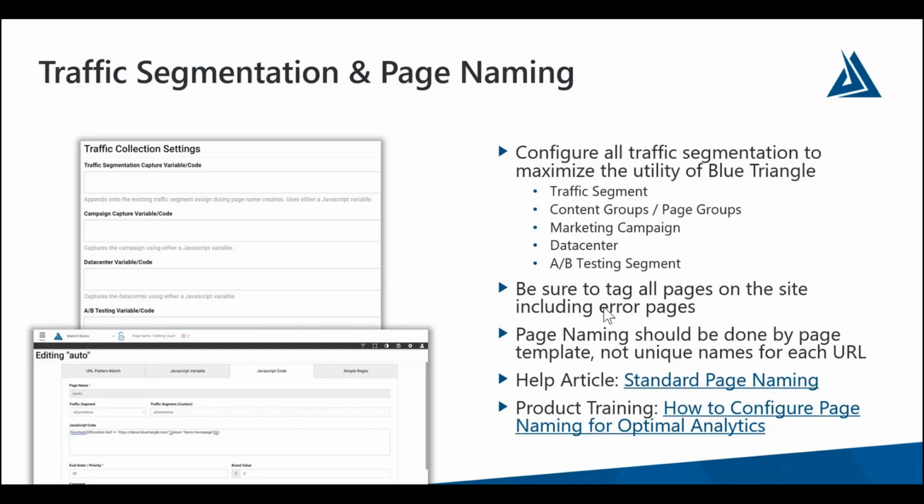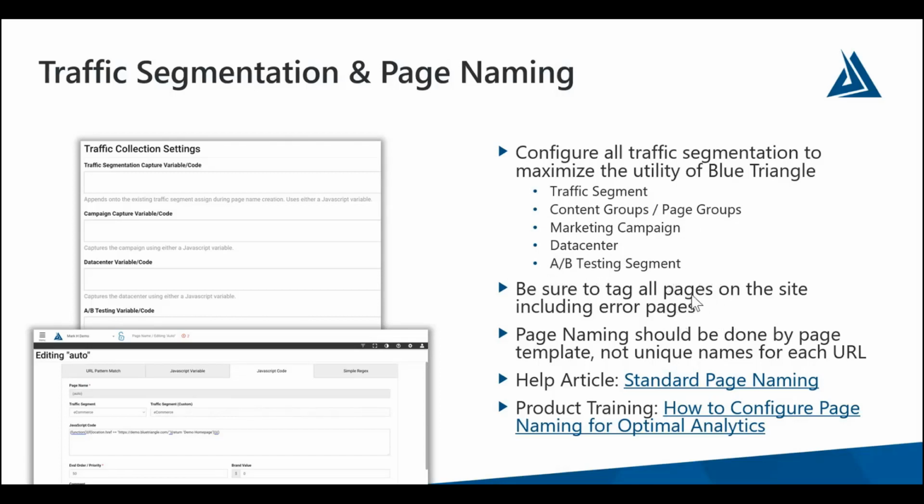It allows you to slice and dice the data in more and more ways. It helps different folks within the organization be able to get the data that they need. So this includes traffic segment, content groups and page groups, marketing campaigns, data center, and A/B testing segment.